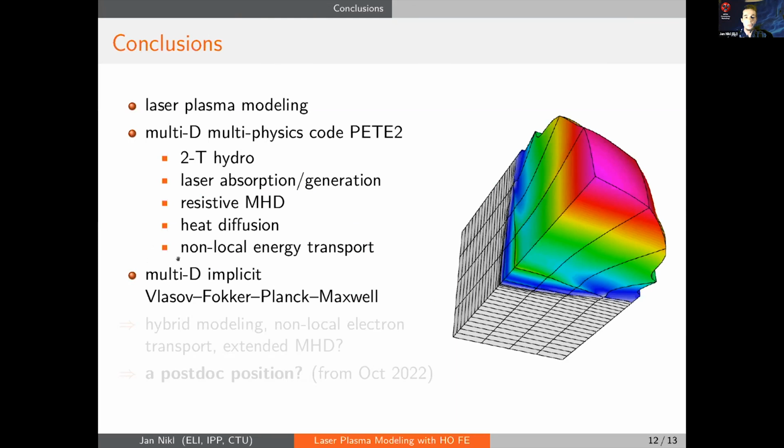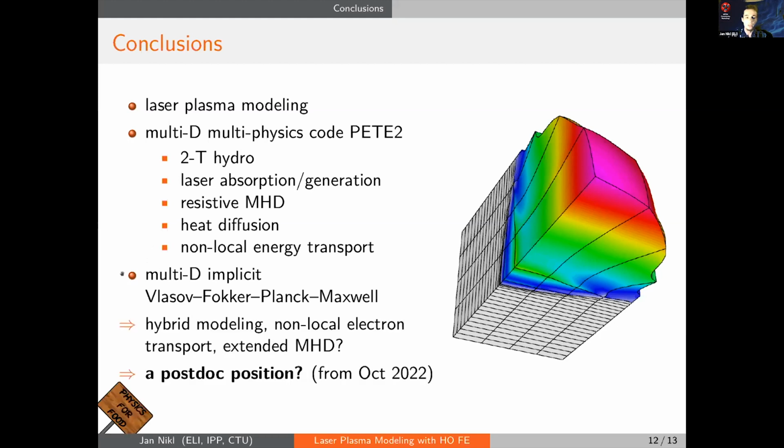But when we want to be really accurate in that modeling, we need to shift to that Vlasov, Fokker, Planck, Maxwell instead. And what's next? Basically hybrid modeling, non-local transport, extended MHD, and maybe something else. So basically more physics and more finite elements.